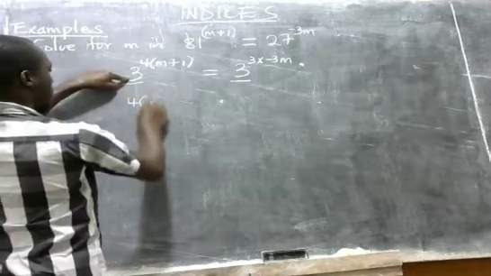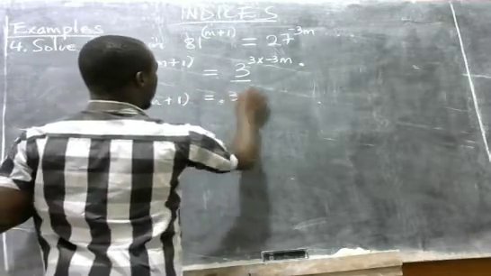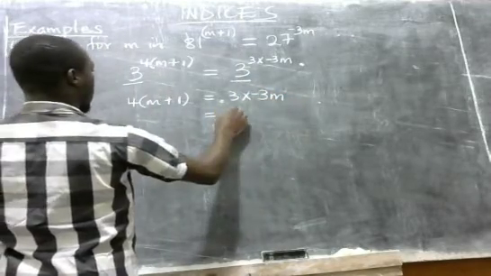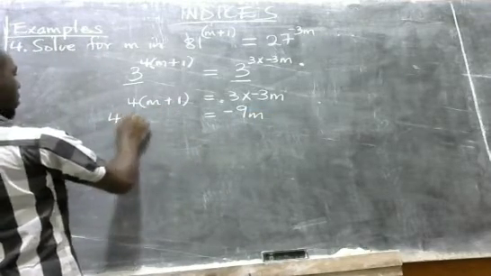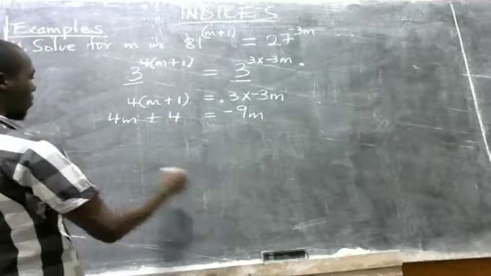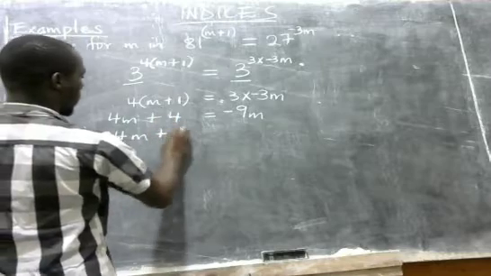So 4 into m plus 1 is equal to 3 times negative 3m. When I multiply this side, I'm having negative 9m. When I open brackets this side, I'm having 4m plus 4. Now when I collect like terms, I'm having 4m plus the 9m.